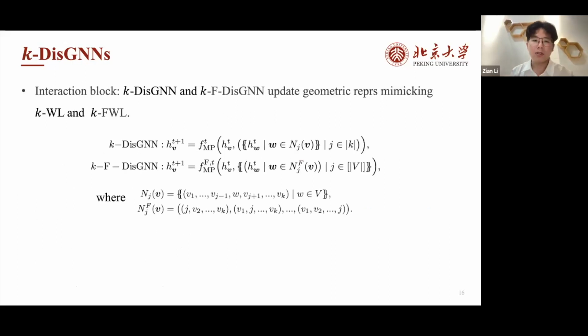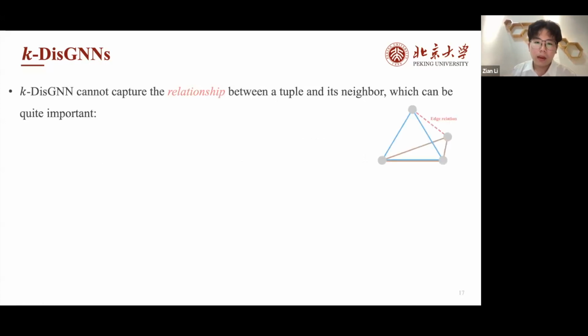So let's focus on the interaction block, or the update block. Also, I assume the audience in our reading group are very familiar with k-WL and k-FWL, so I will skip this part, because k-DisGNN and kF-DisGNN just update geometric representations by mimicking k-WL and k-FWL. And it's worth noting that k-DisGNN cannot capture the relationship between a tuple and its neighbor, which is very important.